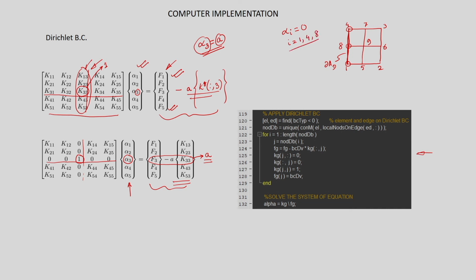So what we will do is find out in the BC type which entries are negative. That will tell us the element number and the corresponding local edge number.